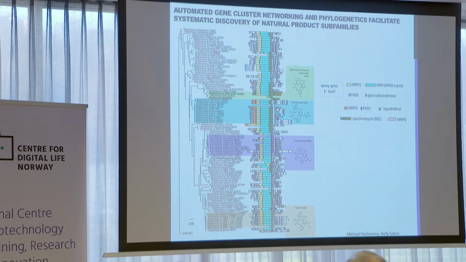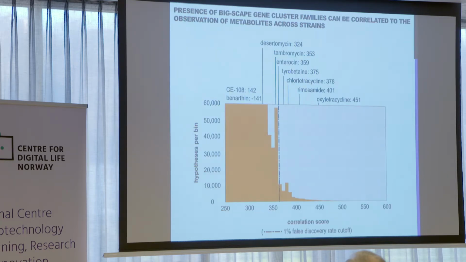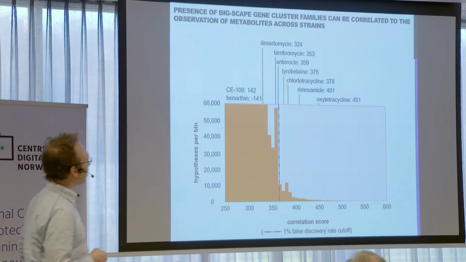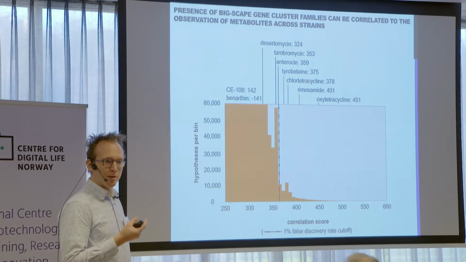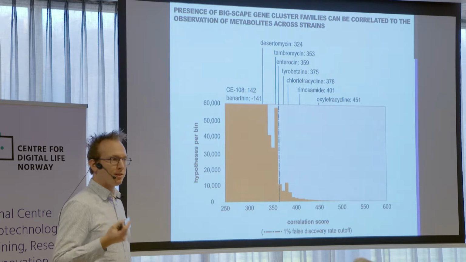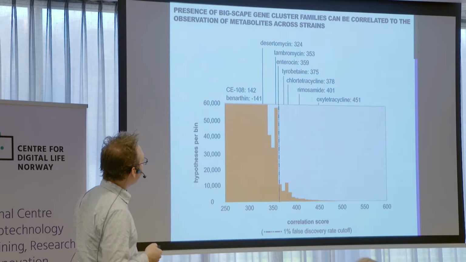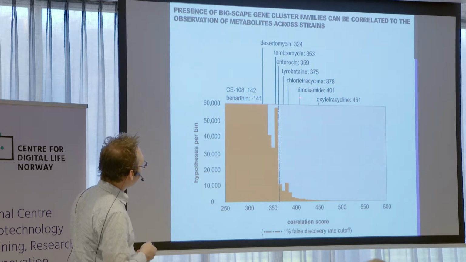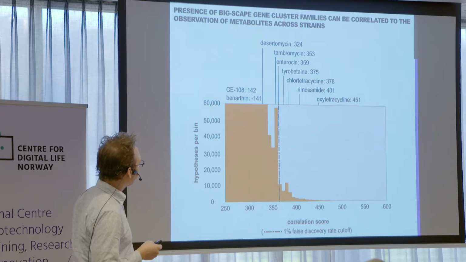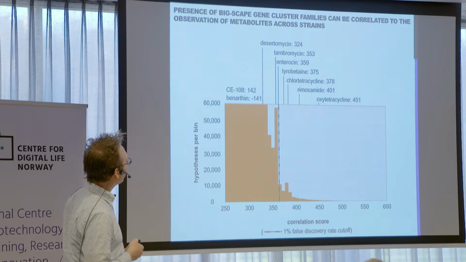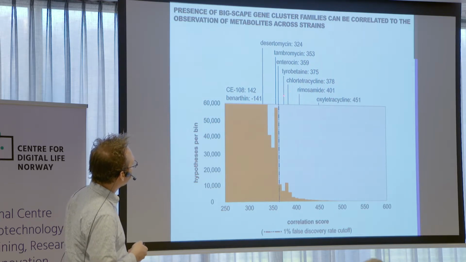So what's also really useful is that you can use these gene cluster families and, for example, correlate the presence of members of a gene cluster family with the observation of specific peaks in your mass spectrometry data. And this is what the groups of Neil Kelleher and Bill Metcalf have done for a while now. And also we've shown together with them that when we use BiG-SCAPE, this also works well for many natural products.